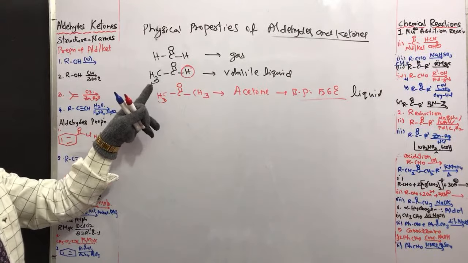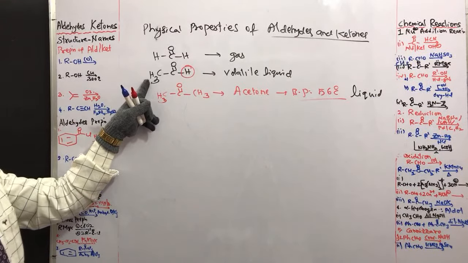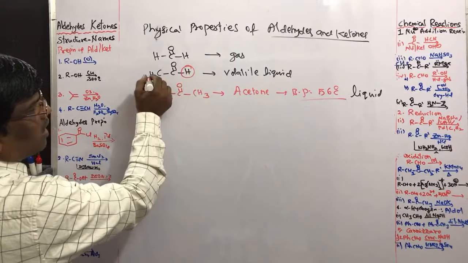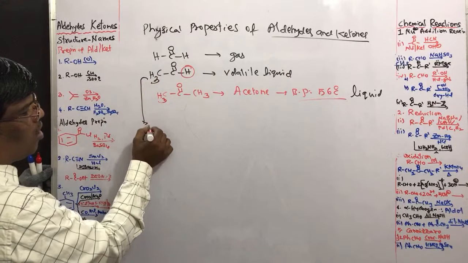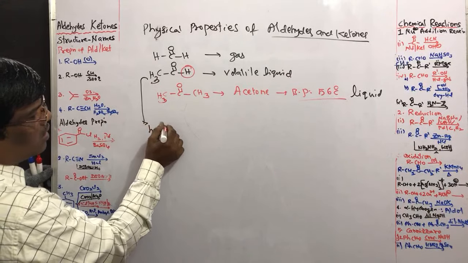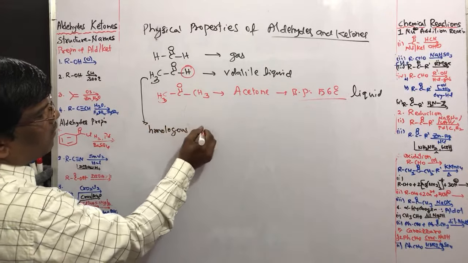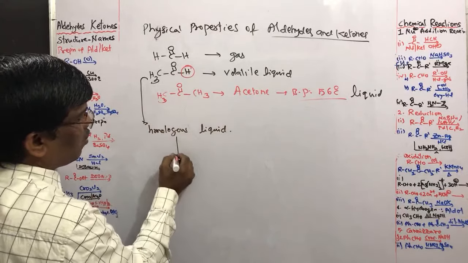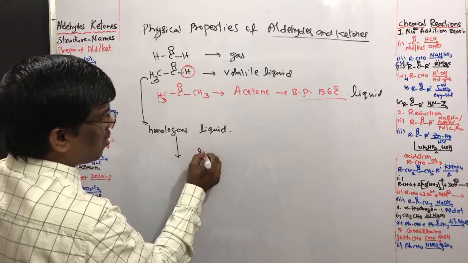Formaldehyde is a gas, acetaldehyde is a volatile liquid, acetone is a liquid. And as you move to more homologs, they are going to be liquids or higher solids, or higher homologs are going to be solids.